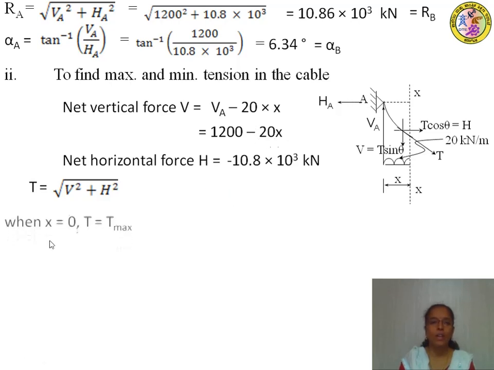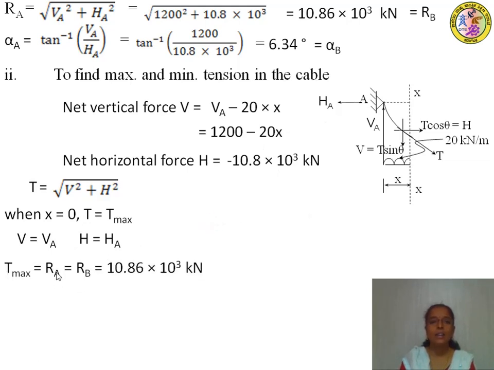So when x is equal to 0, tension will be maximum, T is equal to T max. T max is given by, for which we have to supply V is equal to VA. When 20x is 0, V is equal to 1200 kilonewton, which is nothing but VA. Therefore V is equal to VA and H is equal to HA. So T max we can directly take as the net reaction, that is 10.86 into 10 power 3 kilonewton.